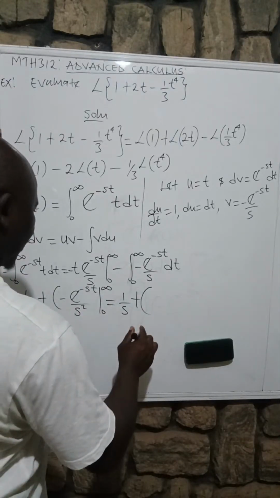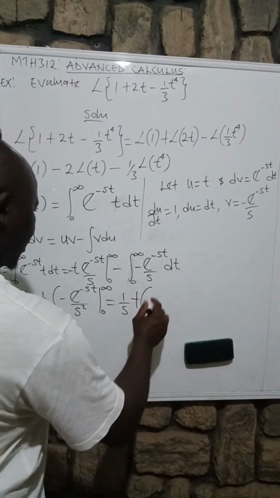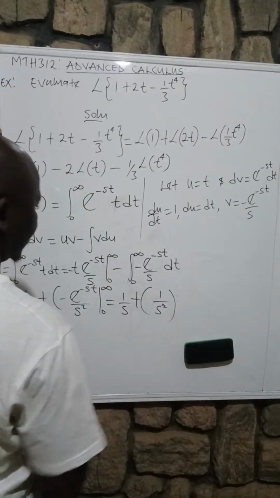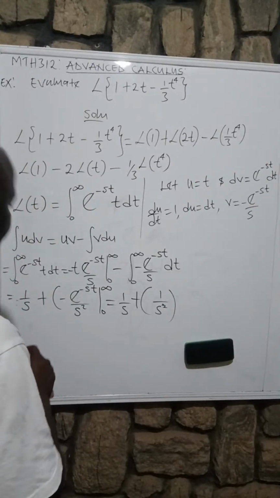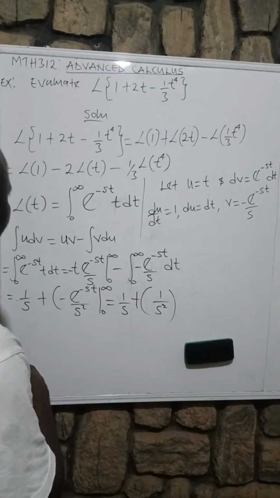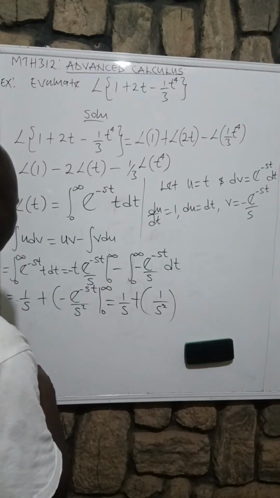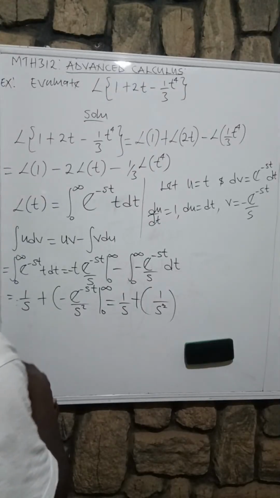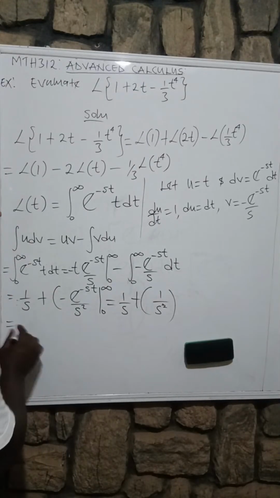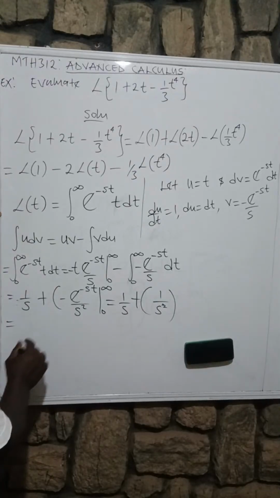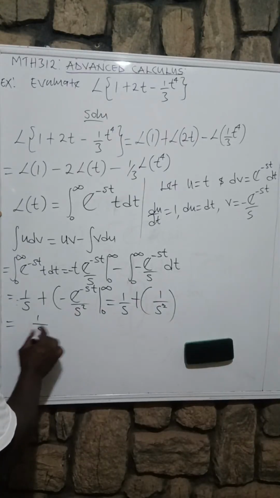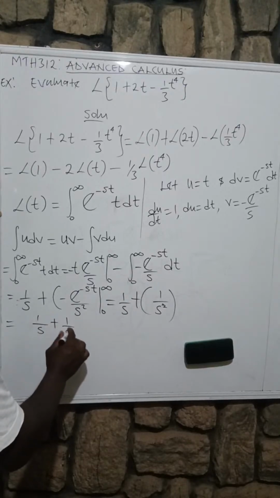It means we are going to have plus 1 all over s squared. True or false? It's true, right? Yeah, it's true. So it means this is what we are supposed to have: 1 all over s plus 1 all over s squared.